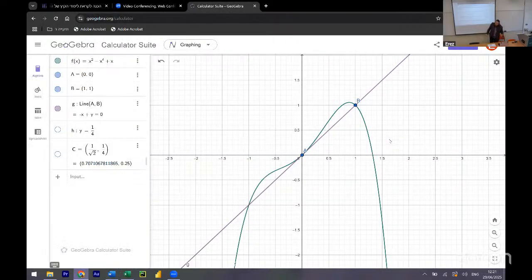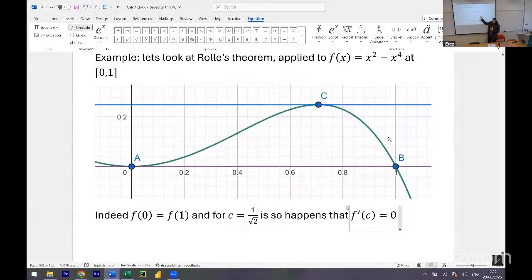So what would I expect there to be here? I'm restating Rolle in a geometrical way of thinking.